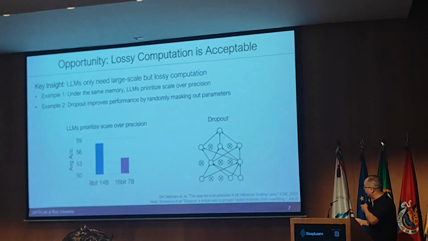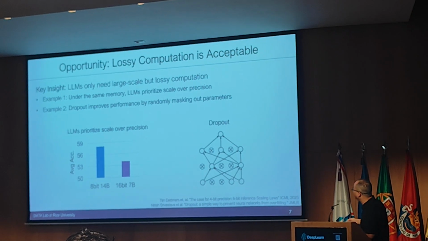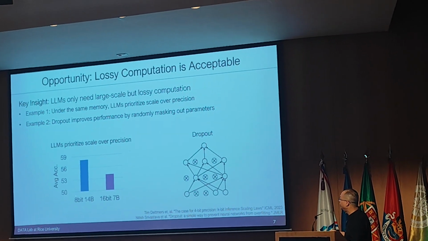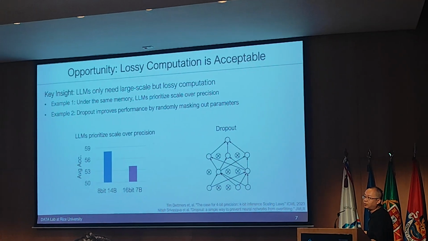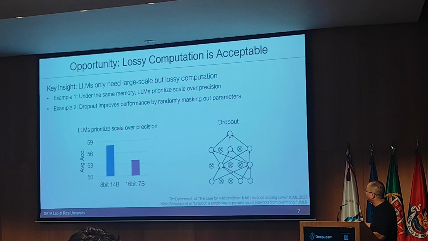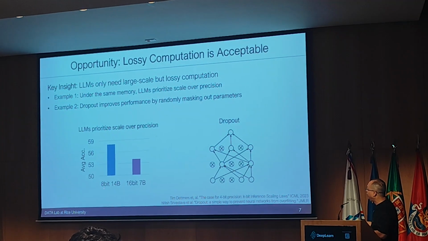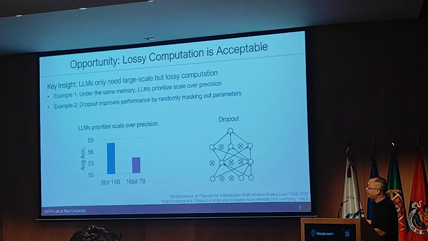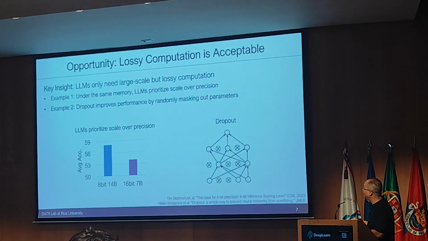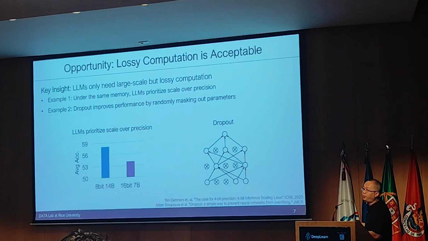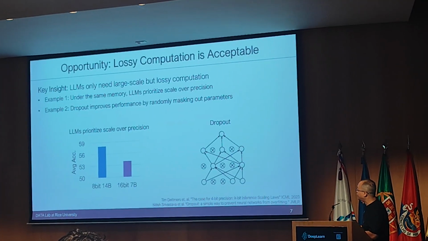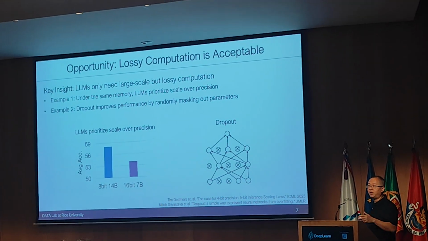The first one is a study to compare two different types of models, in terms of precision. Remember when we discussed quantization yesterday, we talked about the precision of the weights, right? So one model uses 8-bit to represent the weights, and it has 14 billion parameters. Another model is 16-bit, higher precision, with a lower number of parameters. Essentially, these two models have very similar memory cost.